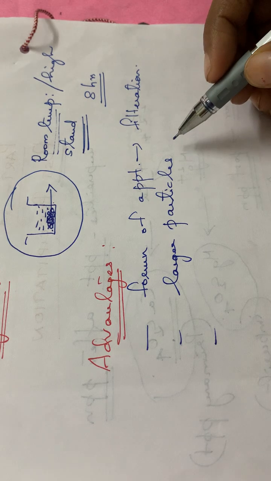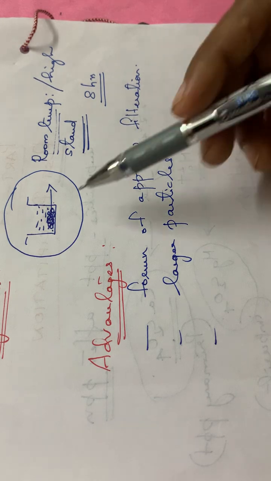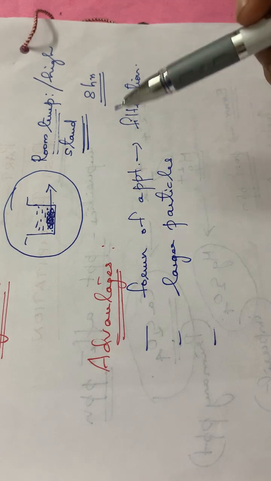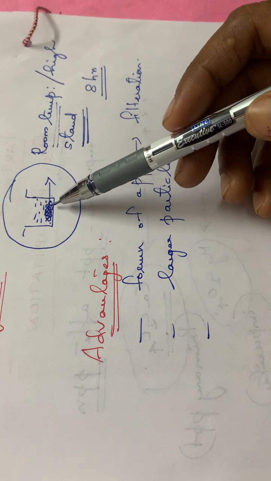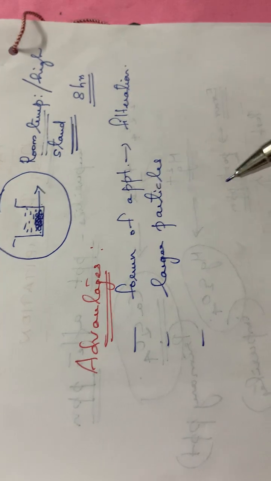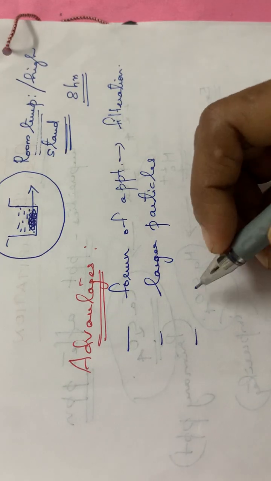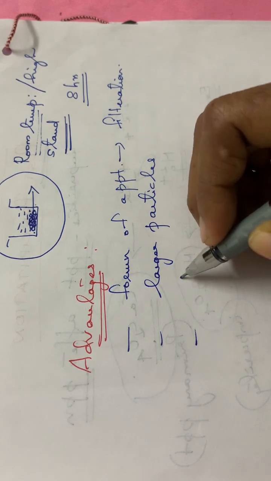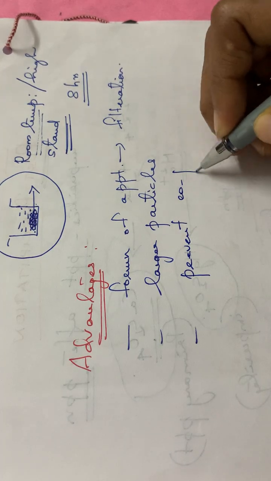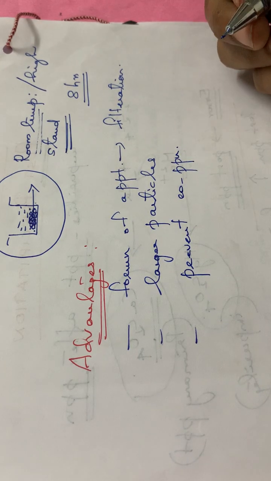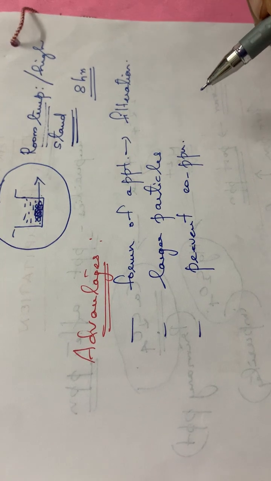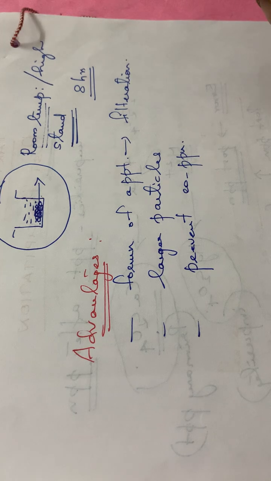It prevents the adsorption of impurities from getting inside these particles or this precipitate. So this digestion helps to prevent co-precipitation. That means the adsorption of impurities on the surface of the precipitate will be prevented due to this process called digestion.